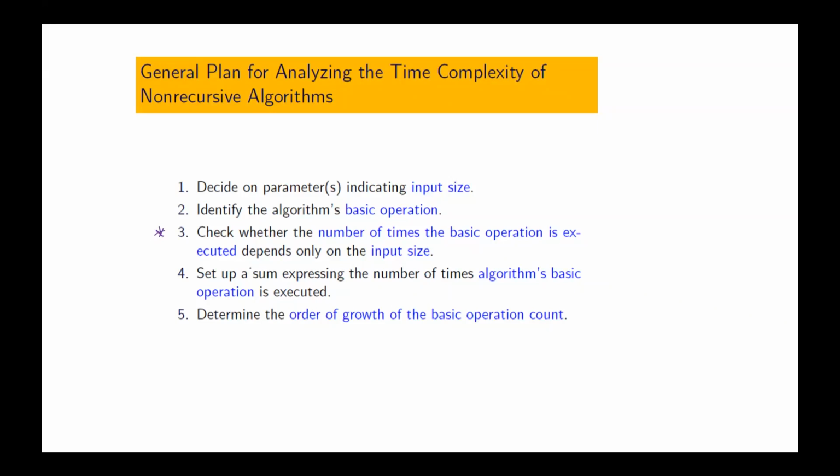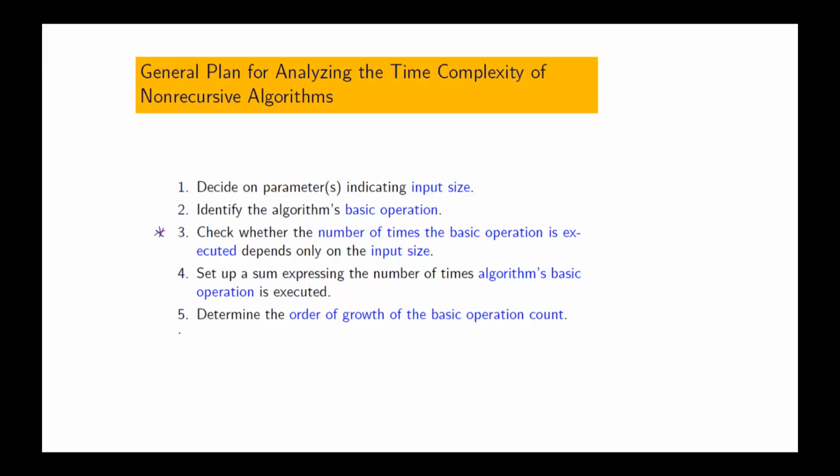Next, if T of n is the total number of times that the basic operation is performed when n is the input size, then we need to give an expression for T of n. After that, we need to simplify and find its order of growth.